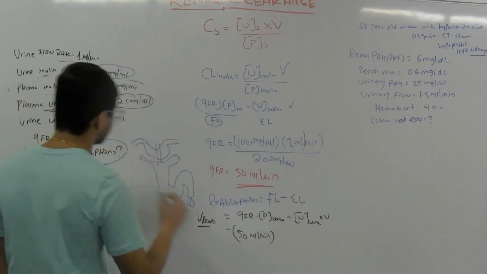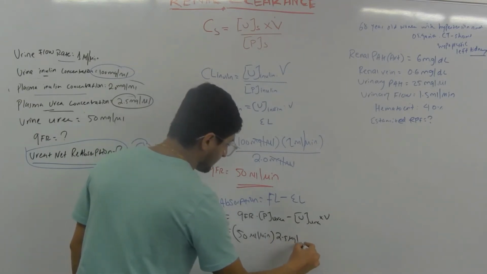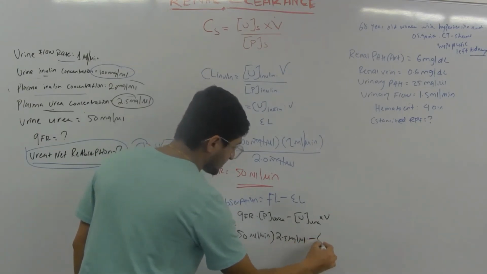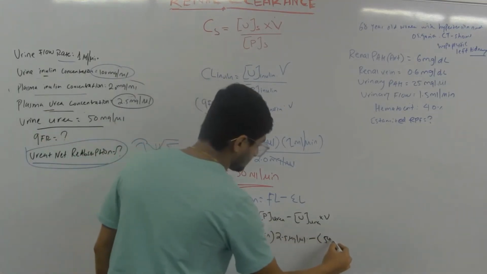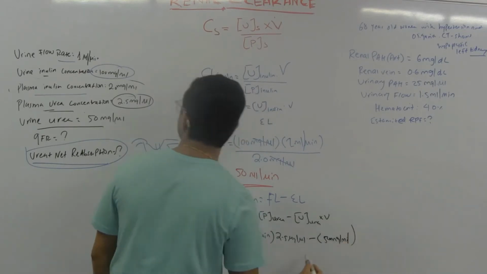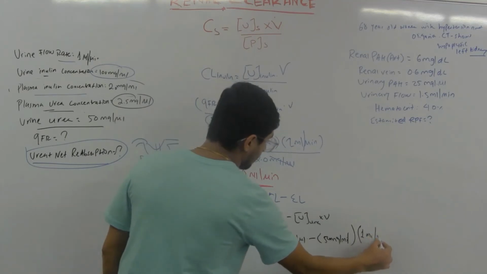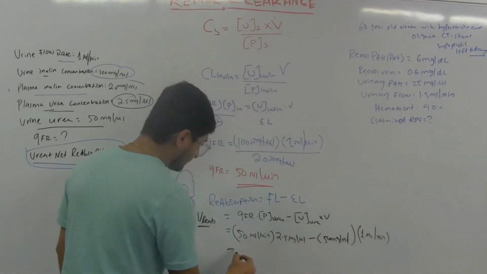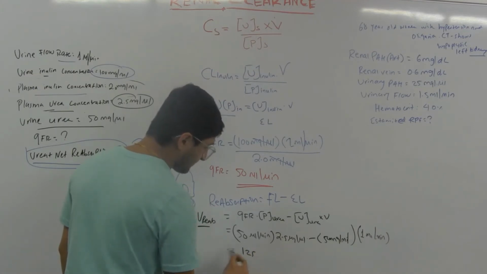If you come back here, plasma urea is 2.5 milligrams per ml. Then you do minus, what is my urinary urea right here? 50 milligrams per ml, times the flow rate, which is 1 ml per minute. So when you do this, what is 50 times 2.5? That means 125.